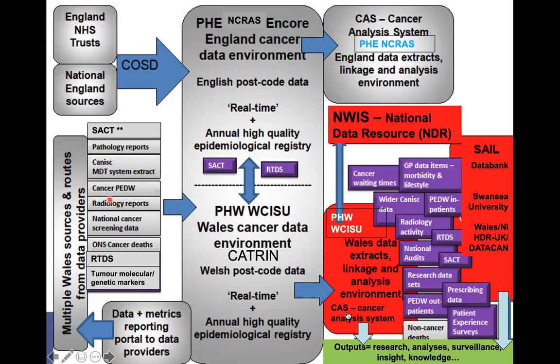We've got a much better extract of data on cases, basis of diagnosis, stage of diagnosis, various other investigations from CANISC. We also get any mention of cancer in patients from PEDU, the hospital administration system.